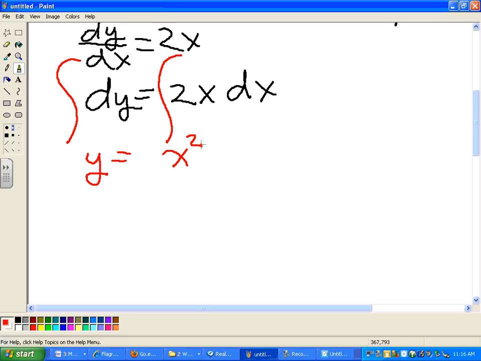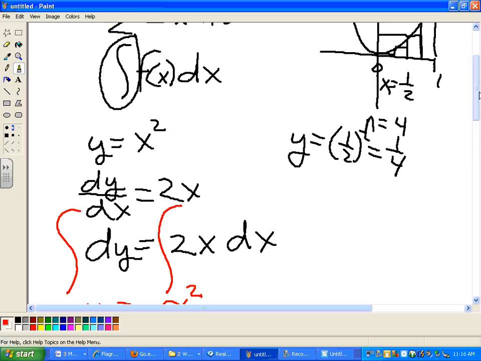Now, there's a little bit of a problem. What would have happened if in that original one, I changed the problem so that it had a plus 3? 3 is a constant. What happens when you take the derivative of constants? You don't know that.